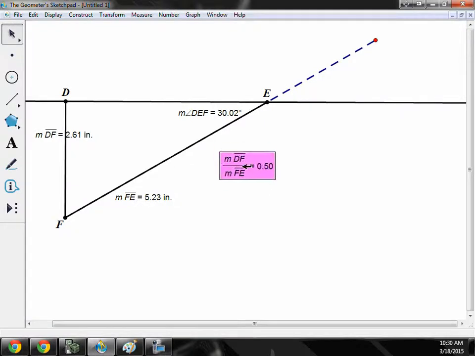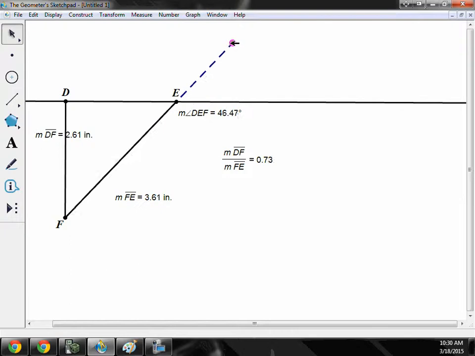So this calculation here says if I take the measure of DF and divide it by the measure of FE, I get 0.5. So whenever the angle is 30 degrees, the length of the opposite divided by the length of the hypotenuse is 0.5. We also checked 45 degrees. So if I move this to 45, oh, I got that one perfect.